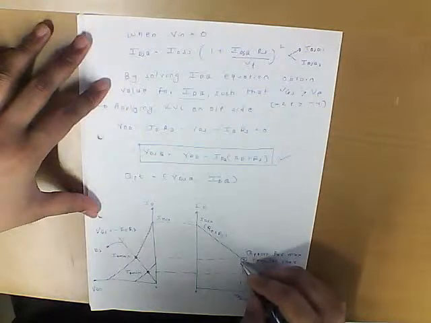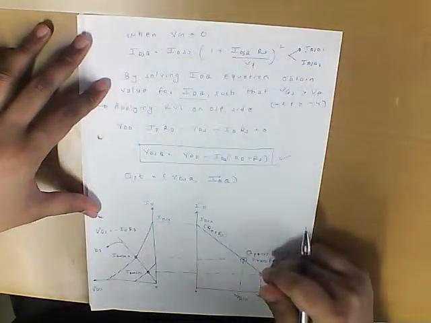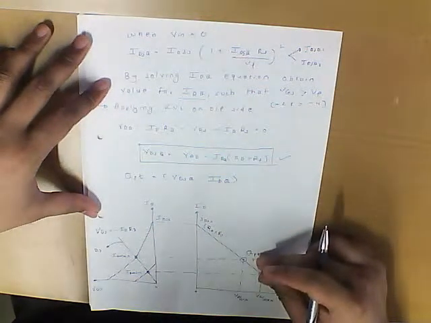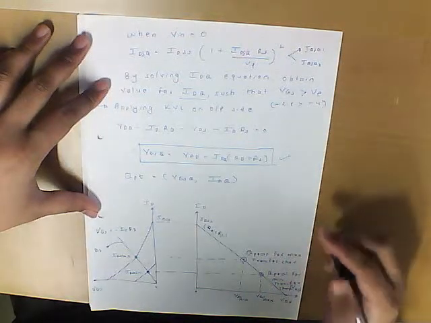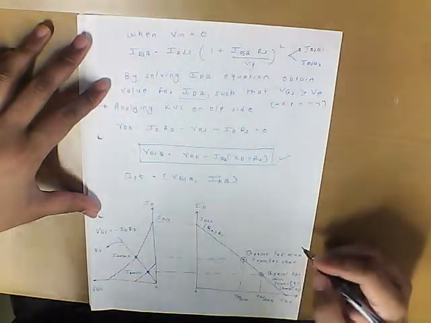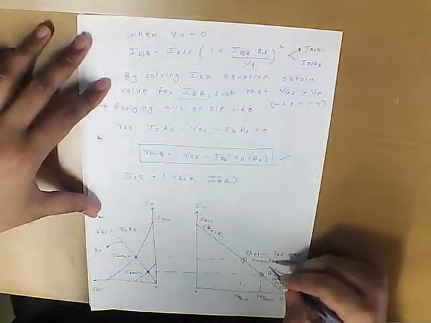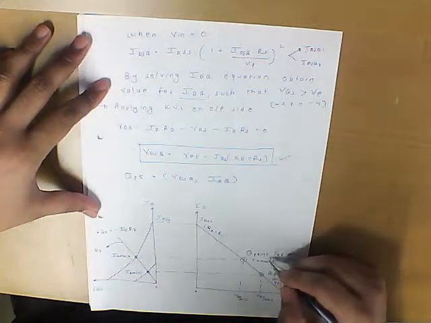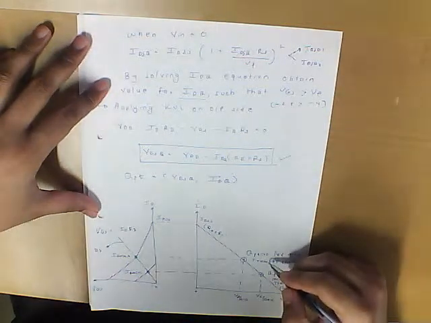Now it can be observed that this difference in Q point between the minimum and maximum transfer characteristics is slightly lower as compared to the fixed bias circuit. That means even if the temperature varies, the variation in Q point is not much because of the self bias circuit. That is why we prefer self bias circuit over the fixed bias circuit.